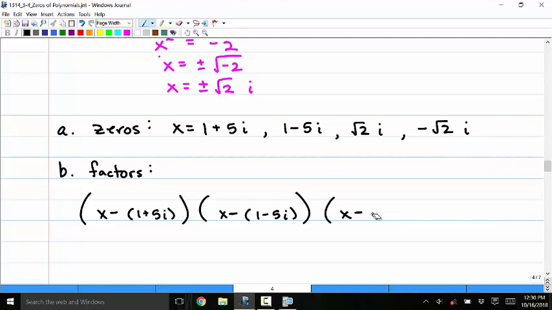X minus root 2i. And x minus negative root 2i. I just wrote the polynomial as a product of linear factors.